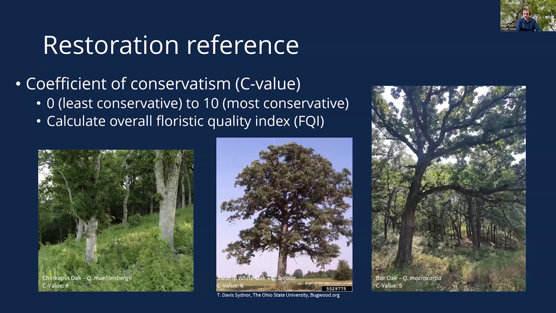So when you're looking for a reference system, you want to be looking for those high C values, and associated with those C values, we have this concept of floristic quality index, which is a single number that describes the overall floristic quality of the site based on calculations, including how many native species there are, and also these C values.